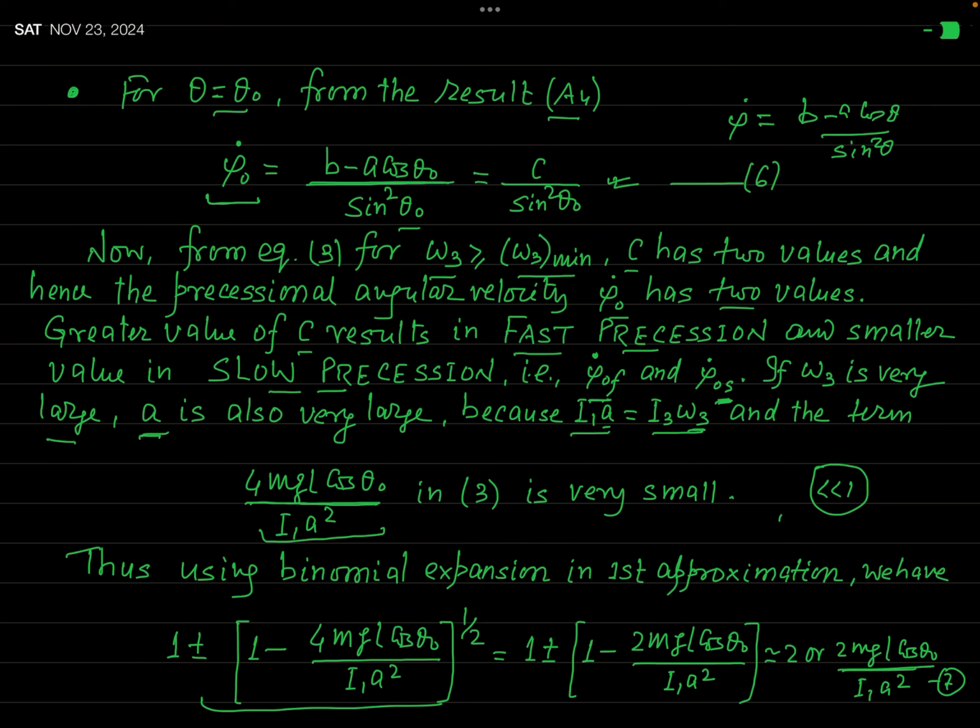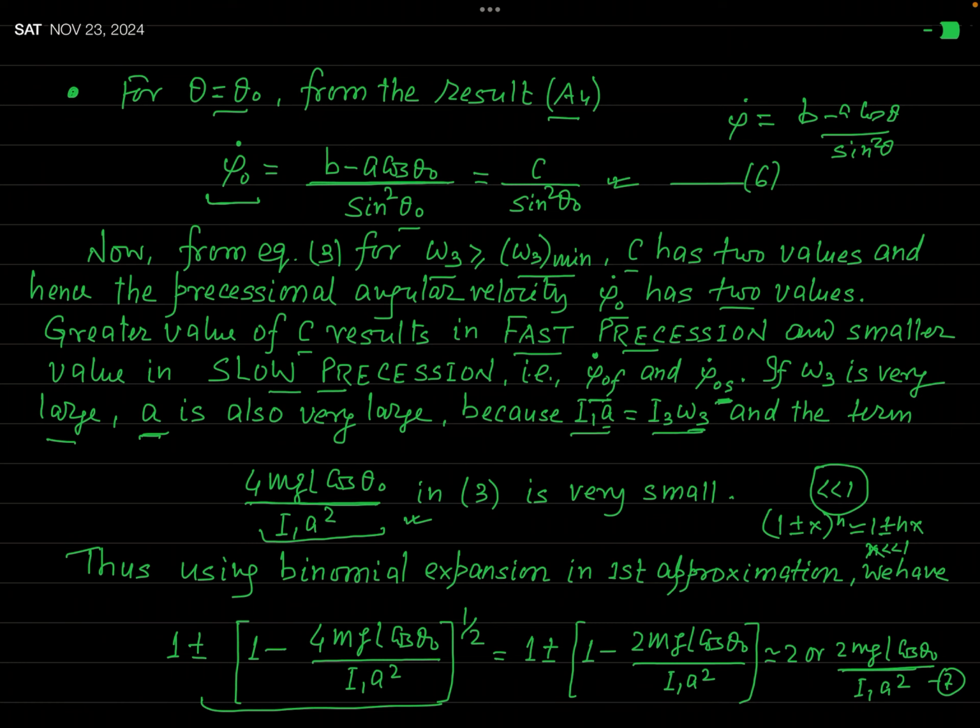And you know from binomial expansion that 1 plus minus x to the power n is almost equal to 1 plus minus nx, but when x is much smaller than 1. Here, in place of x there is 4 mgl cos theta naught over I1 A square, and in this condition you have seen that this is much smaller than 1.